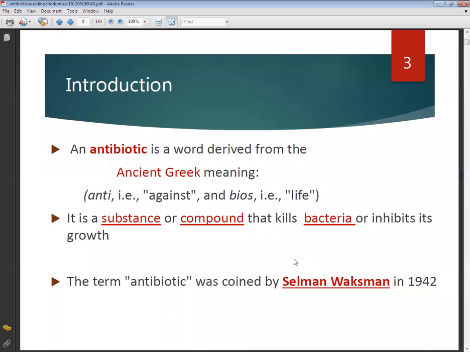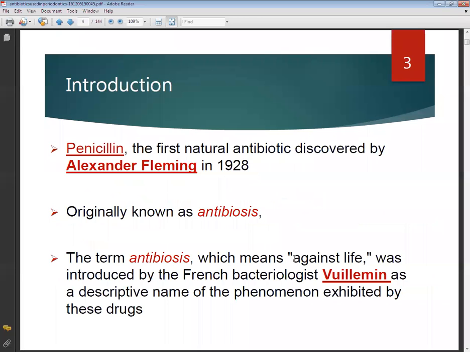So an antibiotic is a substance or a chemical that is used to kill bacteria or inhibit the growth of bacteria. So it may be bacteriostatic or bactericidal. The effect of these antibiotics can be bacteriostatic or bactericidal. Either it may kill the bacteria or it may inhibit the bacteria.